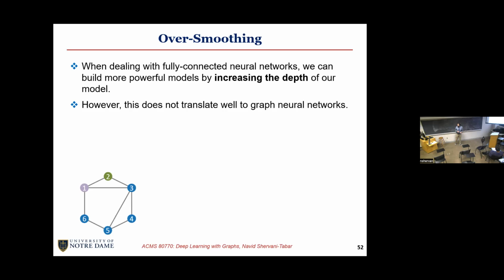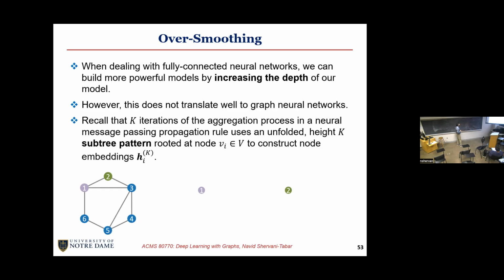So let's say that I have this graph. It has two nodes, node 1 and node 2, whose embeddings I'm going to look at.